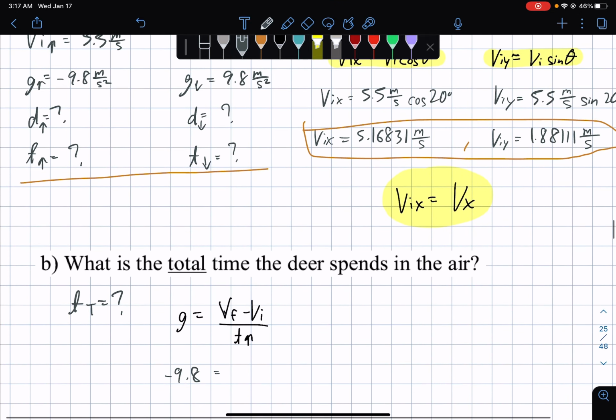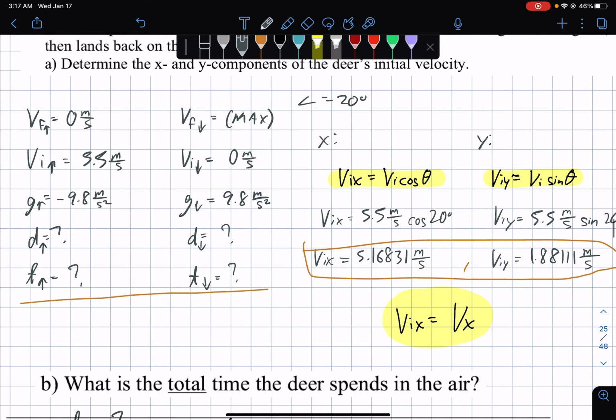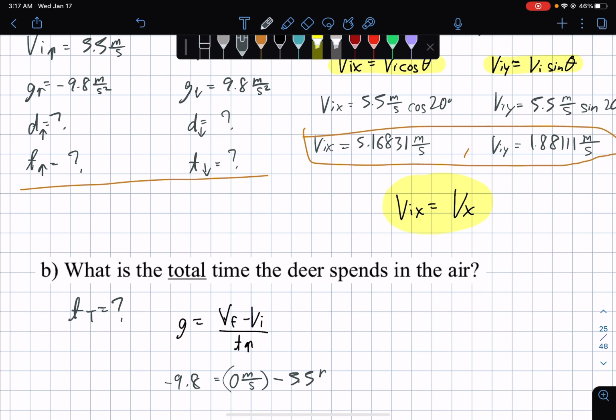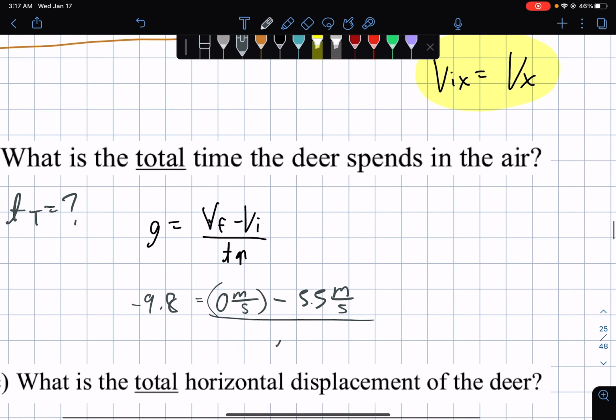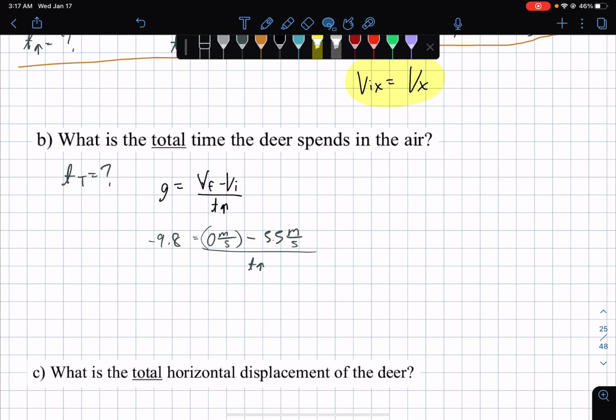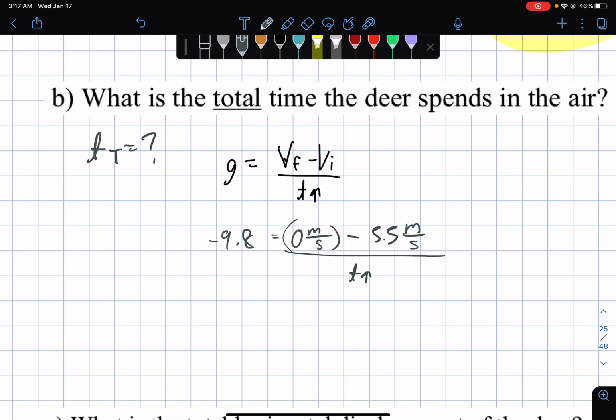VF going up is 0 meters per second. VI going up is 5.5 meters per second, divided by the time going up, which we don't know. So time going up is equal to negative 5.5 meters per second divided by 9.8.